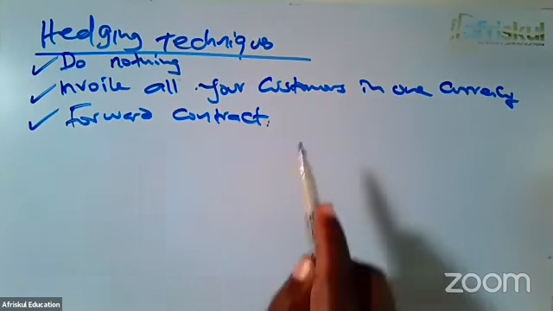So in our last class, I told you very well that not all companies can afford to invoice all their clients in a single currency. And I gave you a very good example of companies that have successfully done that in Kenya, like the famous Panari Hotel.